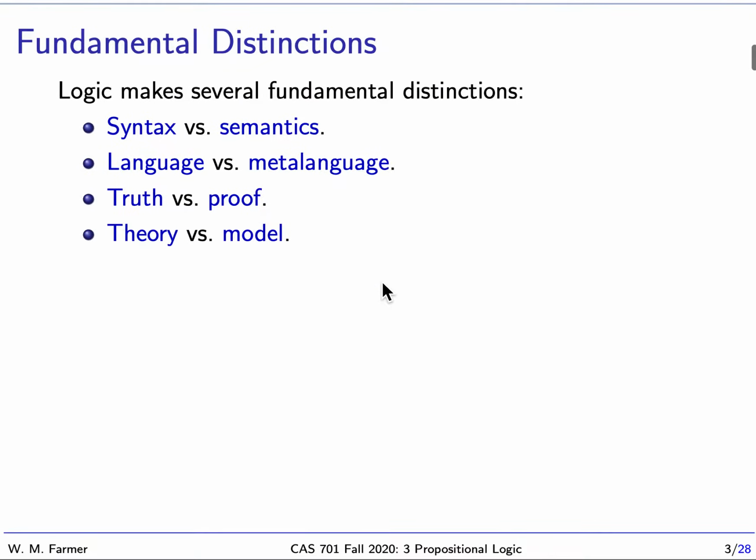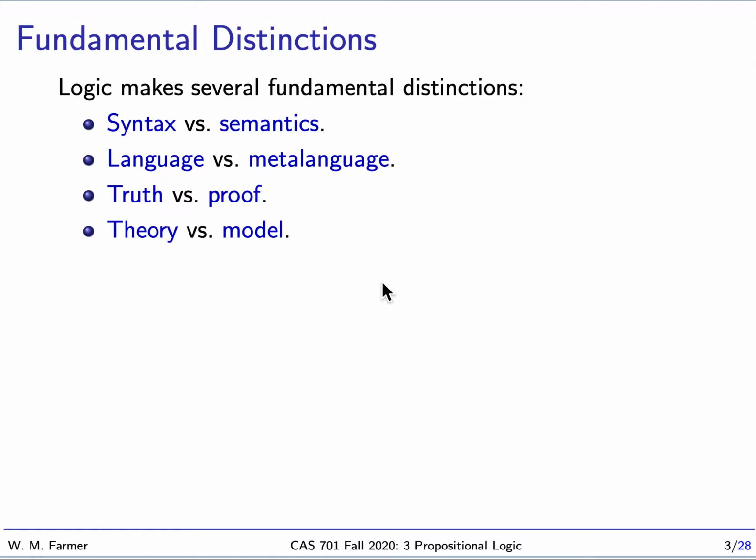Now, logic deals with some very fundamental distinctions. These are distinctions that are not often made in other disciplines, but in logic, they become very important. So the first one is between syntax and semantics. Syntax deals with how expressions are formed, what they look like, what kind of structure they have. And semantics deals with what expressions mean.